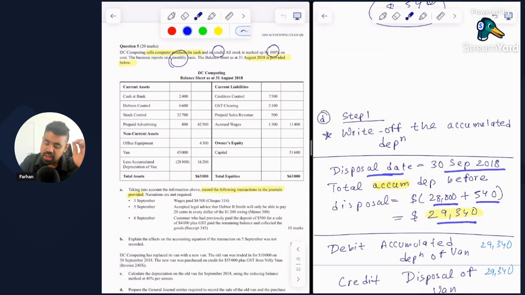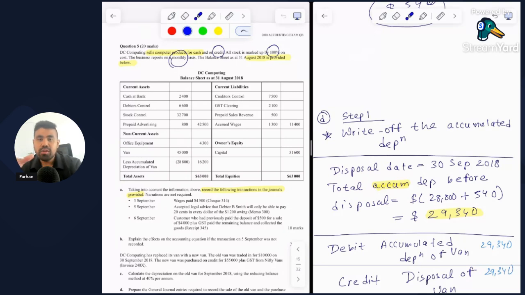So when we think of accumulated depreciation, what do we understand? So accumulated depreciation is a contra asset account. What do we understand by a contra asset account? A contra asset account records the reduction for a relevant non-current asset account. And the relevant non-current asset account in this case is the van.